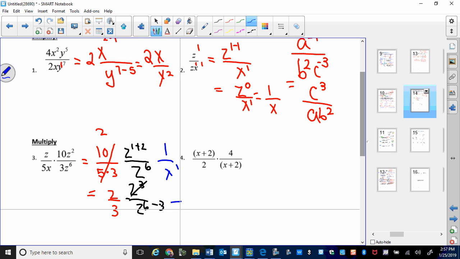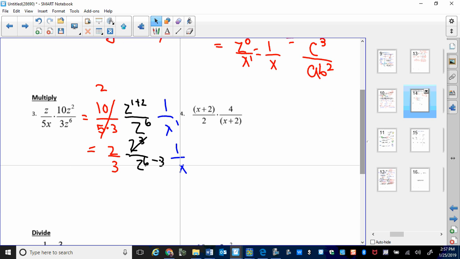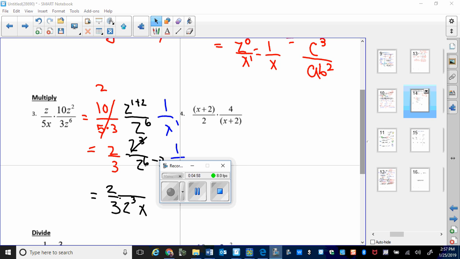And then I have 1 over x. Simplified, I get 2/3 over z to the 3rd x. Okay?